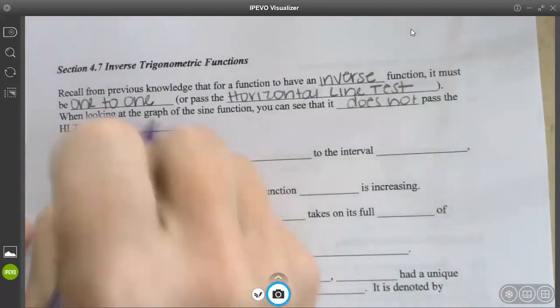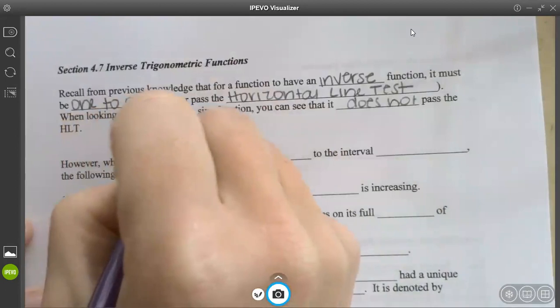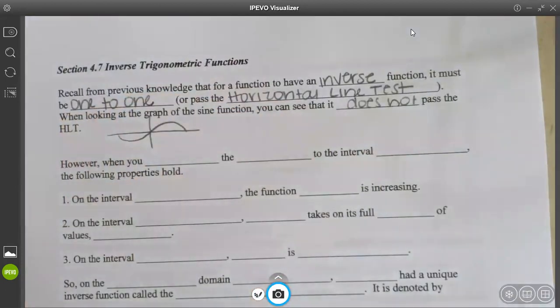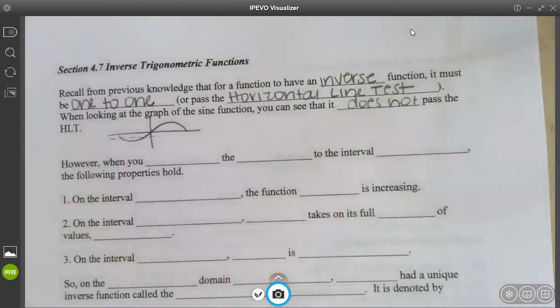So remember, if you look at the sine function, it looks like this. If we drew a horizontal line specifically right here, it doesn't matter where it's at, it'll cross through 2.